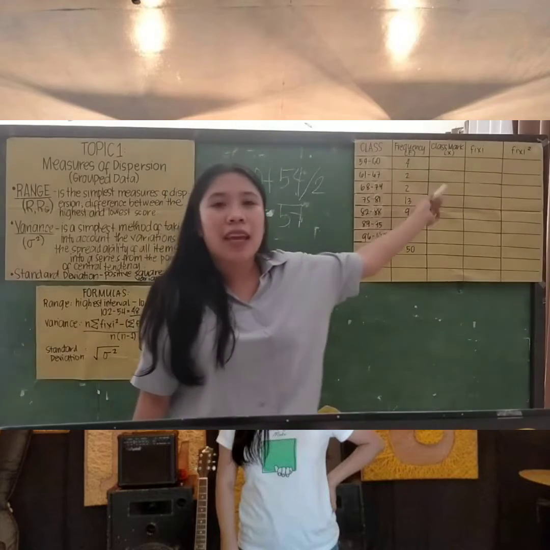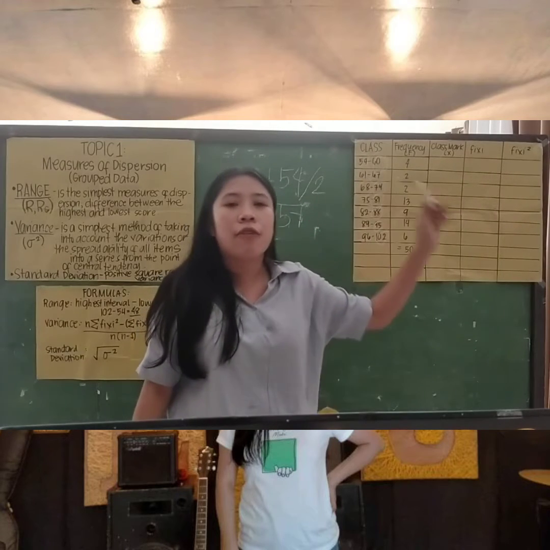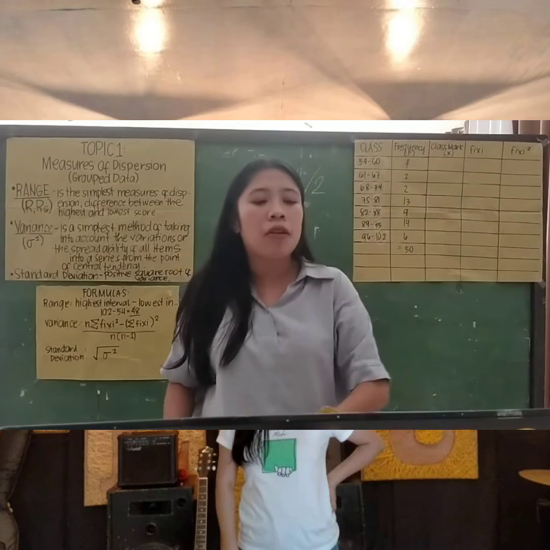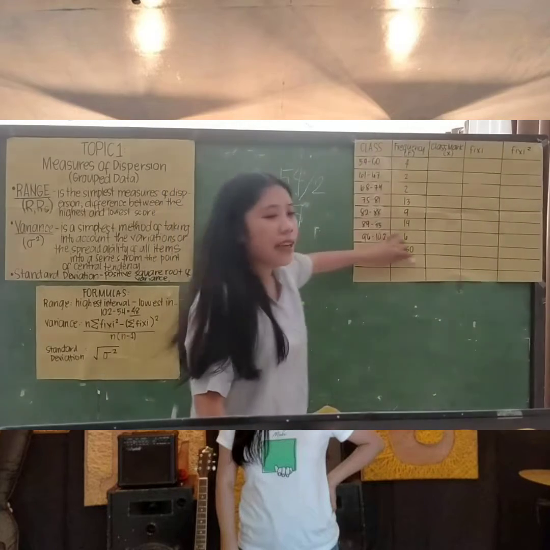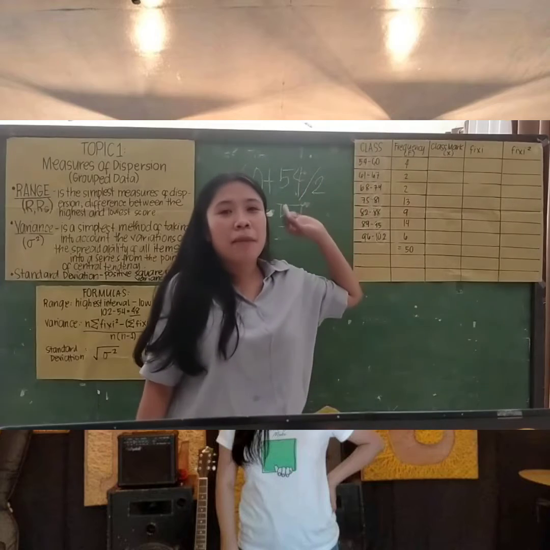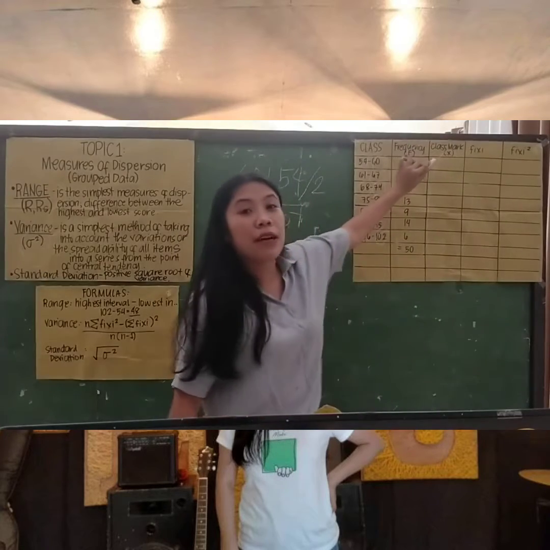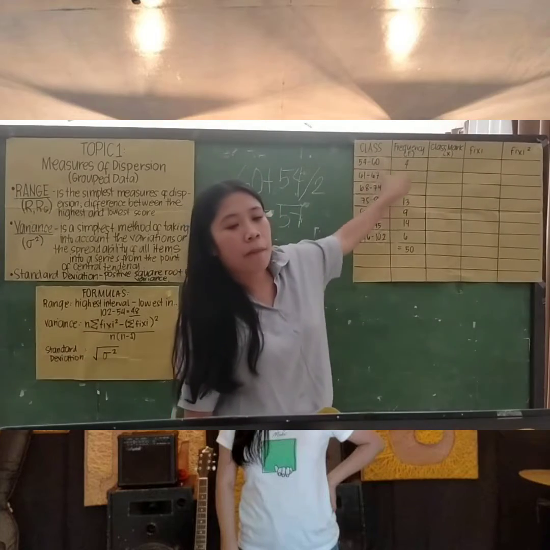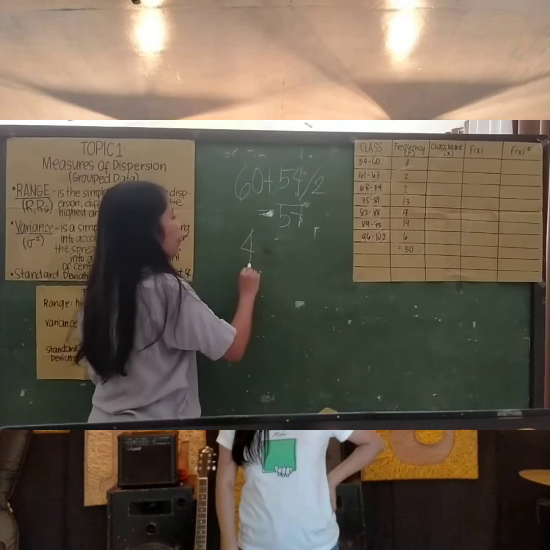And then, para sa ating fi, xi, ang gagawin natin ay solve for fixi, ay yung step natin number 2. Yung frequency natin, imumultiply natin by the class mark. Paano? For example, yung frequency natin is 4.